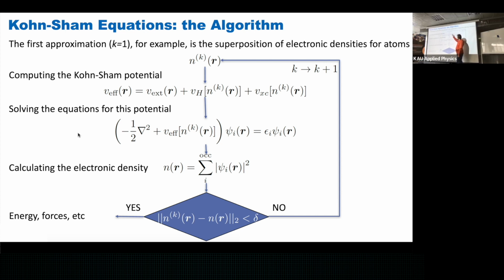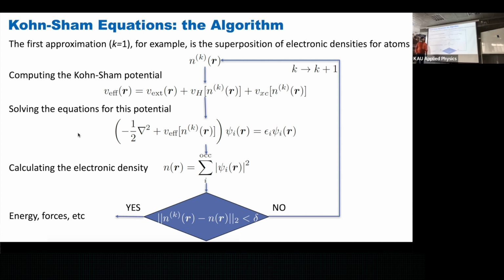So we compute the Kohn-Sham potential. This is one of the Kohn-Sham equations. So what is the Kohn-Sham potential? It's an effective potential which consists of the external potential, the Hartree potential, which is the potential created by the mean field of all electrons and affects the electron we calculate in the cycle, plus the exchange correlation potential.